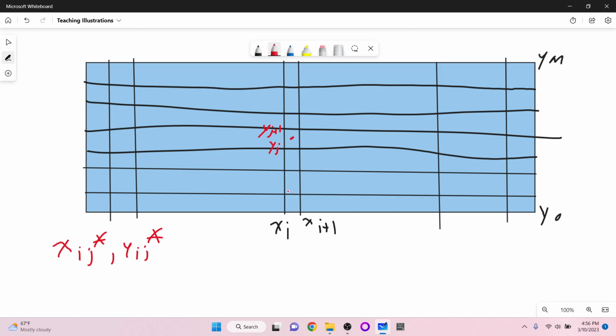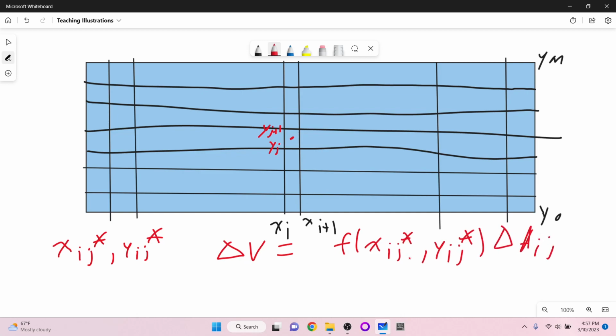So we'd say, if we're just doing this one strip, well, the x is pretty much the same every time. It's going to be the same xij each time. So we'll just have to say, let's call it delta v, the piece of volume on this vertical strip. Well, we would simply say we'll take f at xij star, yij star, times delta aij, the area of that box.